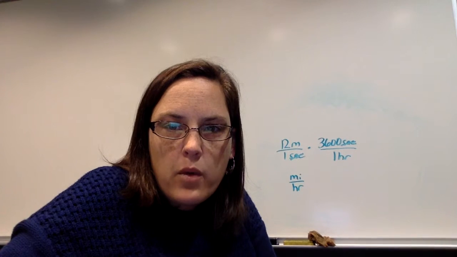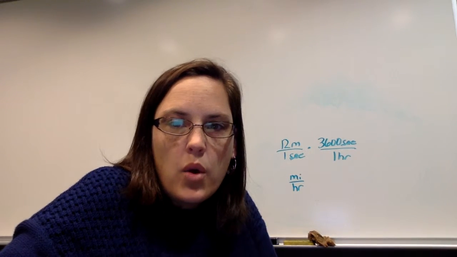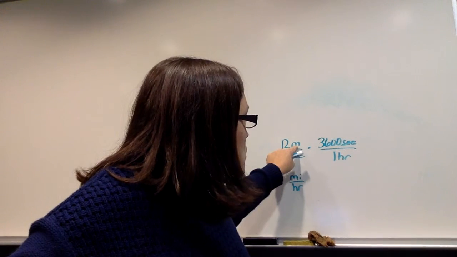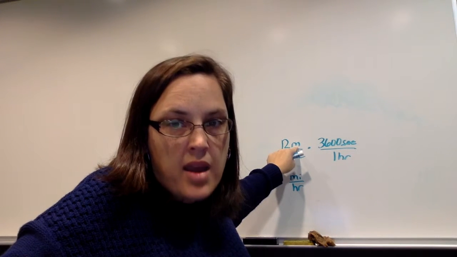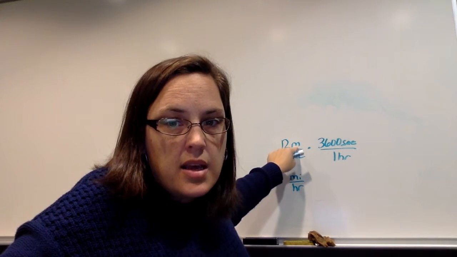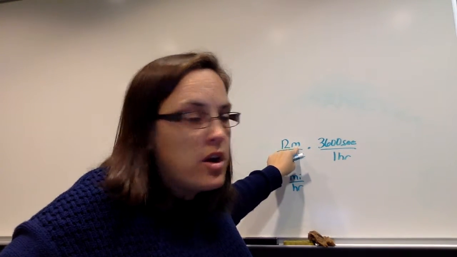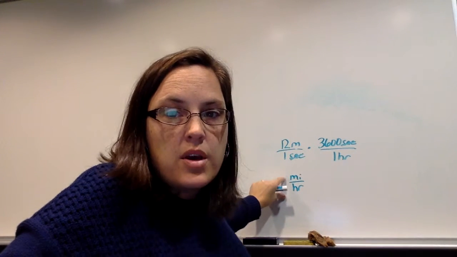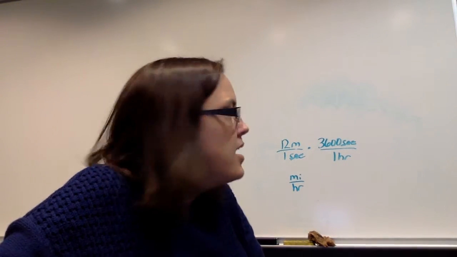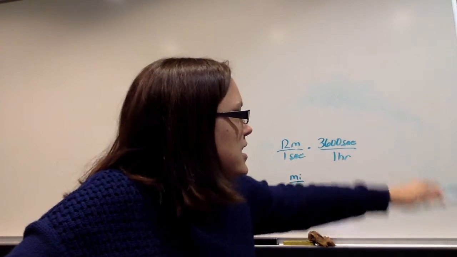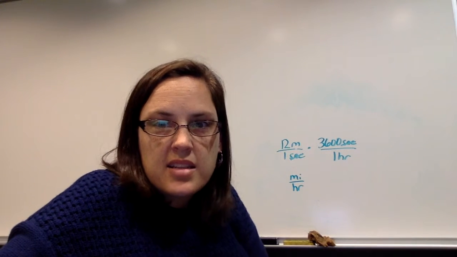And what I see here is that 1 meter is about 1.094 yards. Now you might be saying, well, I don't want yards, I want miles. Well, in this case, I need to do a couple more conversions in my dimensional analysis to get to the unit that I want.